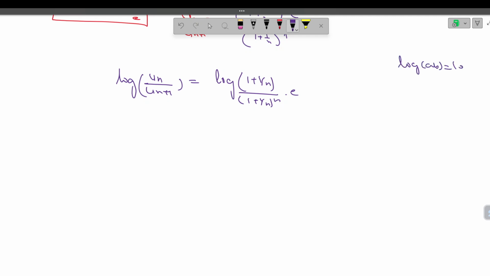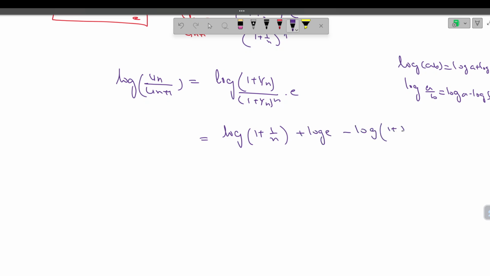Log of AB is log A plus log B. Log of A by B is log A minus log B. So this is equal to log of 1 plus 1 by n, plus log e minus log of 1 plus 1 by n whole to the power of n.